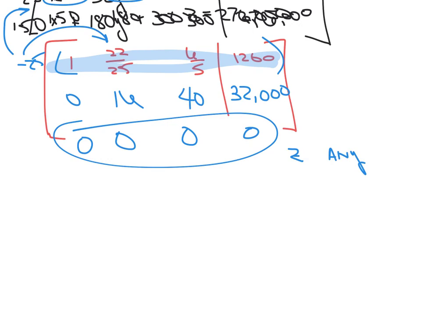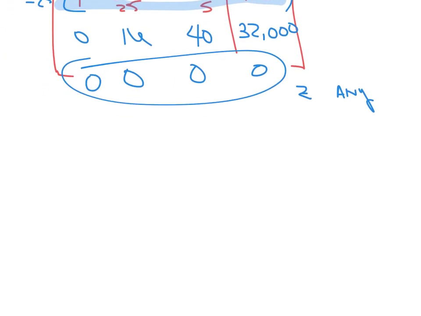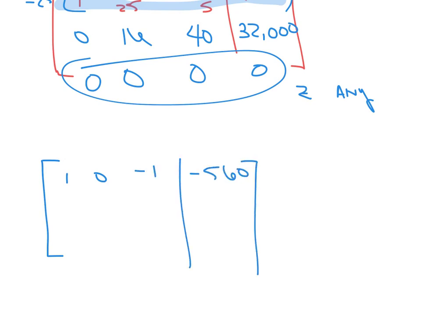Okay, so let's pretend that you did the whole Gauss-Jordan elimination, and we got for our final answer here 1, 0, -1, -5, 60, 0, 1, 5 halves, and this is after you went through the whole thing, and then we've got 0, 0, 0, 0.